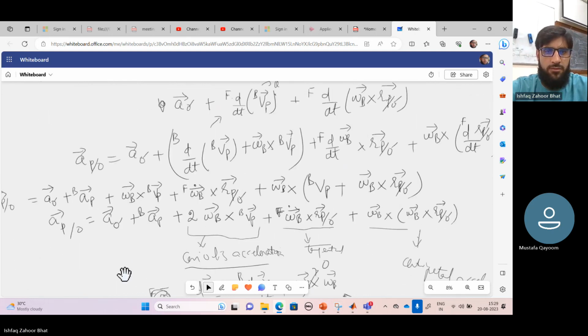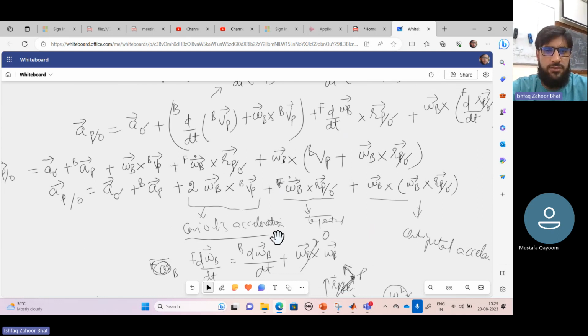So we saw that there were five terms. The first was the acceleration of the reference point, which is attached to the body frame and moving along with it. And then there was the acceleration of the point with respect to the body frame, that is, the relative acceleration.